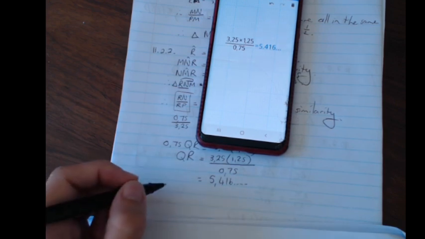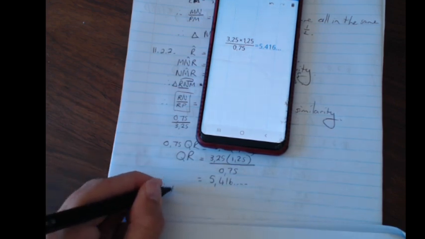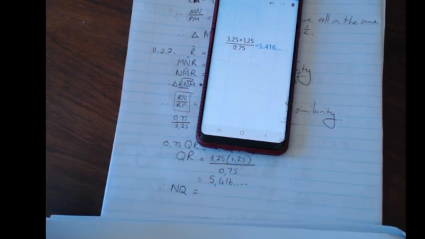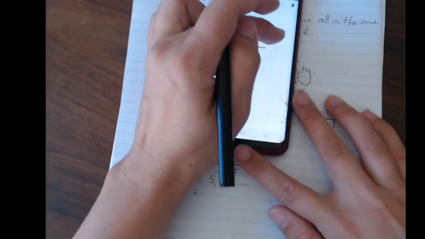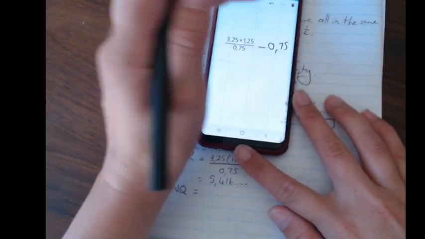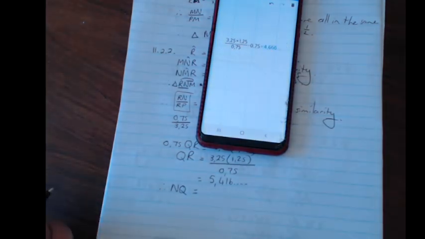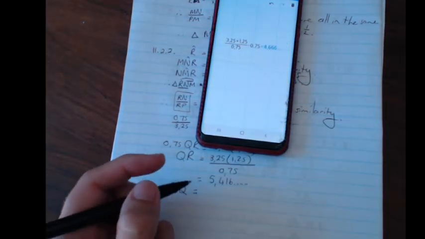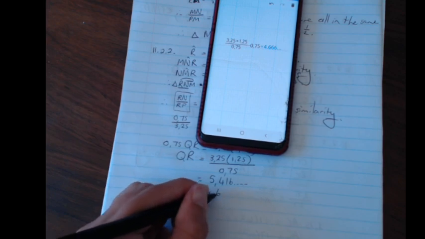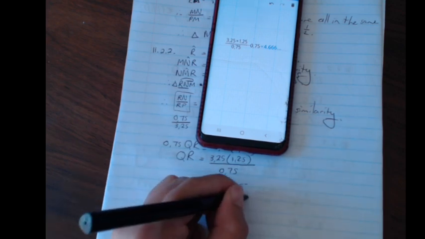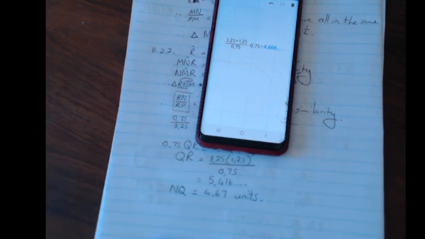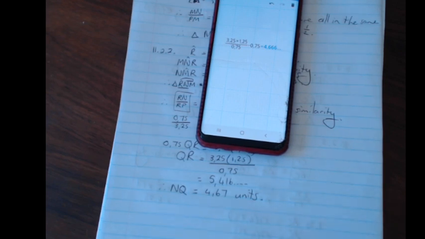And I actually want the length of NQ, which is then going to be the QR, which I have here now, subtract 0.75. So I also want to subtract 0.75 there, giving me 4.666, so 4.67 units. Okay, and that's the length of QN.